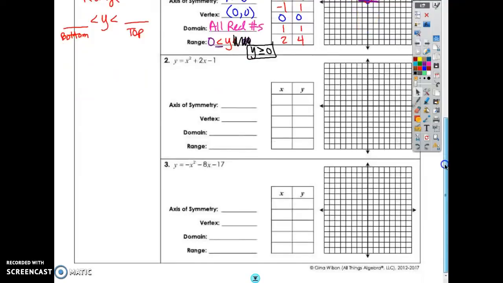Problem number 3, I'm just going to start it because I want to help you only on the range part. You guys can do the rest of it. I'm just going to help you on the range. So type this equation, type the quadratic in decimals.